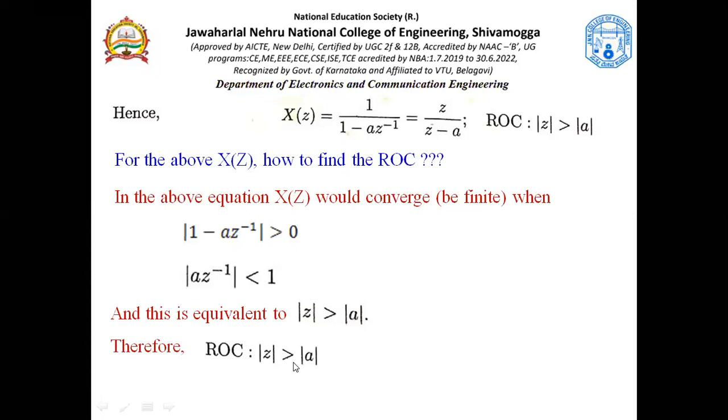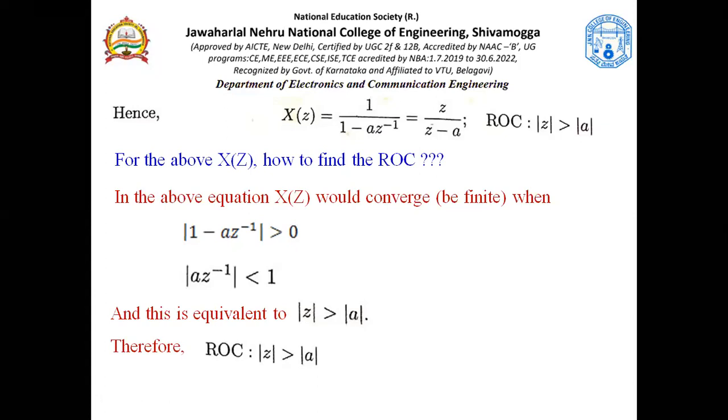Now we need to sketch this ROC. We didn't sketch these ROCs in finite sequences because we were talking about the entire Z plane. Remember, there in finite sequences, if it is left-sided, it is the entire Z plane except z equal to infinity. If it is right-sided, it is the entire Z plane except z equal to 0.